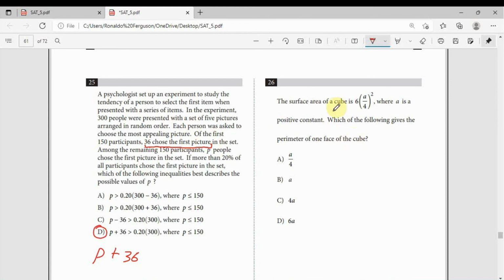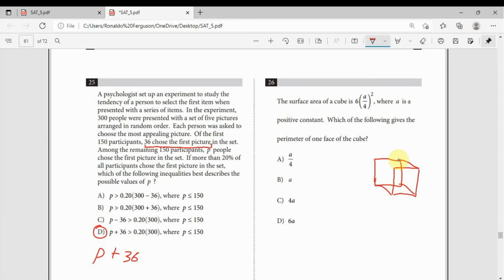Now question 26. It says the surface area of a cube is 6a over 4 square. I don't know how many of us remember a cube, but a cube has the length, width and height all the same, right? So I'm just doing a rough sketch of a cube.